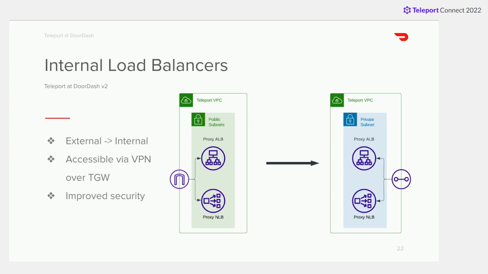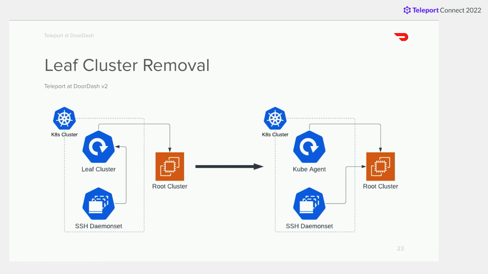This was, I guess, a primary change for user access. So nodes were connecting via the internal load balancers, but users were previously accessing via the public load balancers. So this was primarily a user-driven change.